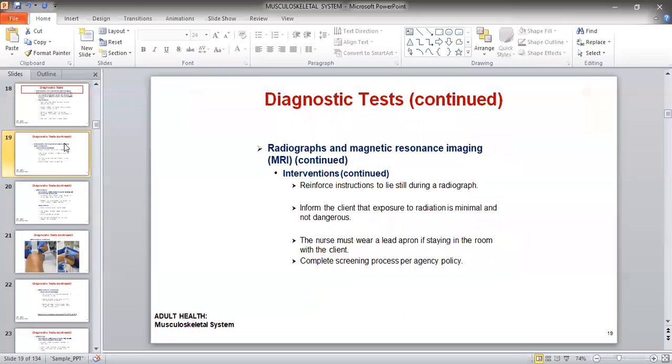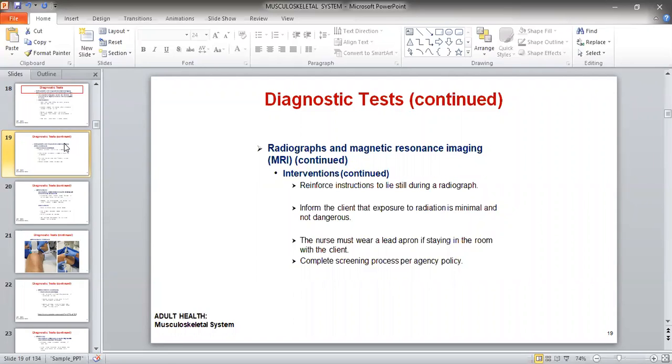Continuation: reinforce the instruction to lie still during radiography. Yes, we have to educate them on what they should do. During the process they have to lie down, or if we take a chest X-ray, they have to hold their breath and stand.